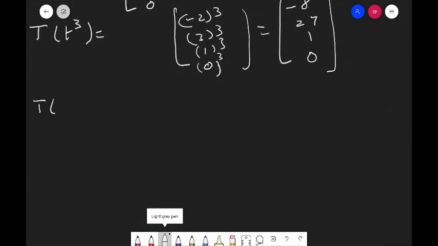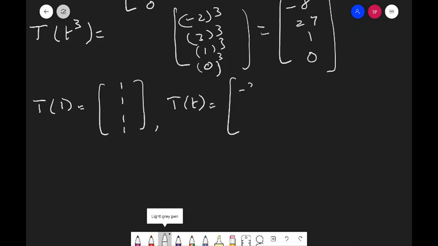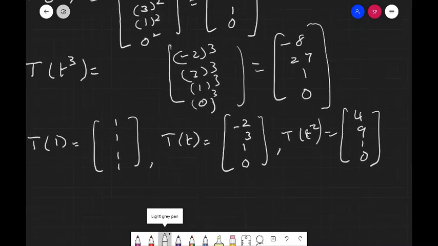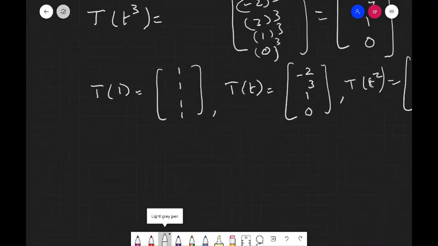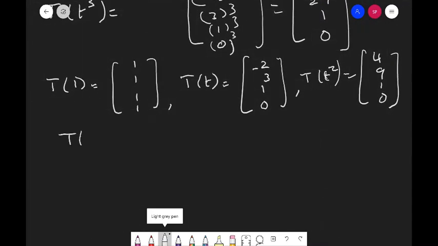T of 1 I have, which is 1, 1, 1, 1, and T of t is minus 2, 3, 1, 0, and T of t square is 4, 9, 1, 0, and T of t cube I have, which is minus 8, 27, 1, 0.